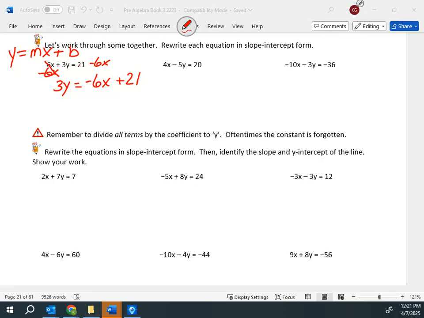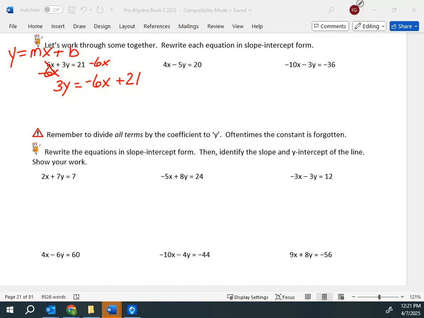Am I easy peasy lemon squeezy here? What do I have to do, Harper? What was step number 2? So what is the coefficient of the y? Vivi? The 3.